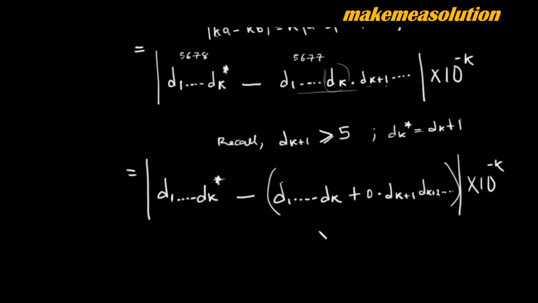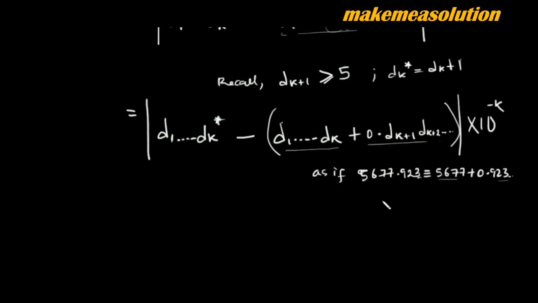It's just as if I had a number 5677.923, which I can still express as 5677 plus 0.923 and so on and so forth. Is that okay? So you can split a decimal number into the integer part and the mantissa part, which is what I just did here. I split this guy into the integer part, then the mantissa part. So dk plus 1 marks the beginning of the first digit of the mantissa, so you have it like this.